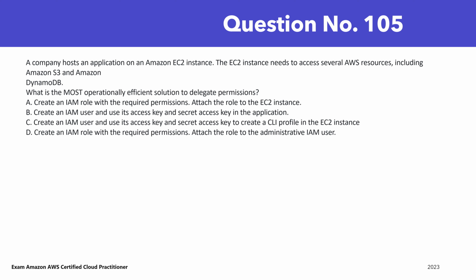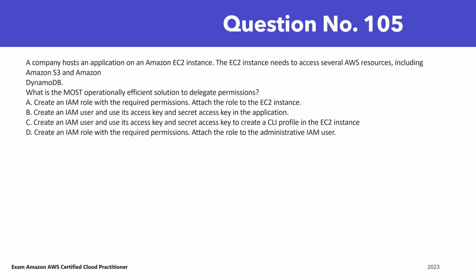A company hosts an application on an Amazon EC2 instance. The EC2 instance needs to access several AWS resources, including Amazon S3 and Amazon DynamoDB. What is the most operationally efficient solution to delegate permissions? A. Create an IAM role with the required permissions. Attach the role to the EC2 instance. B. Create an IAM user and use its access key and secret access key in the application.